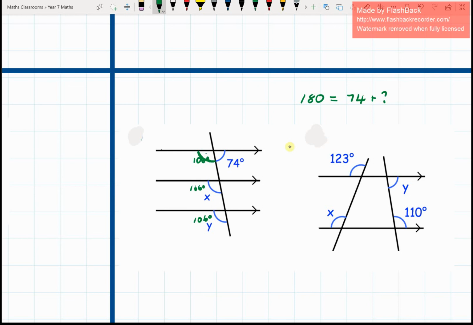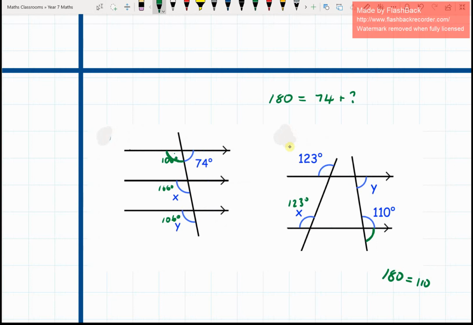Now, this one over here, we can say that this is 1, 2, 3, because this group of angles is the same as this group of angles. It's found in the same location, so it's 1, 2, 3, and it's corresponding. And what's this one going to be? Remember, this is obtuse, this is acute, and we really want to find this angle here. And there we have a straight line again, don't we? So we've got 180, and all we need to do is take away. Let's call this angle B. So we would have 180 equals 110 plus B. Now, how do we work that out?